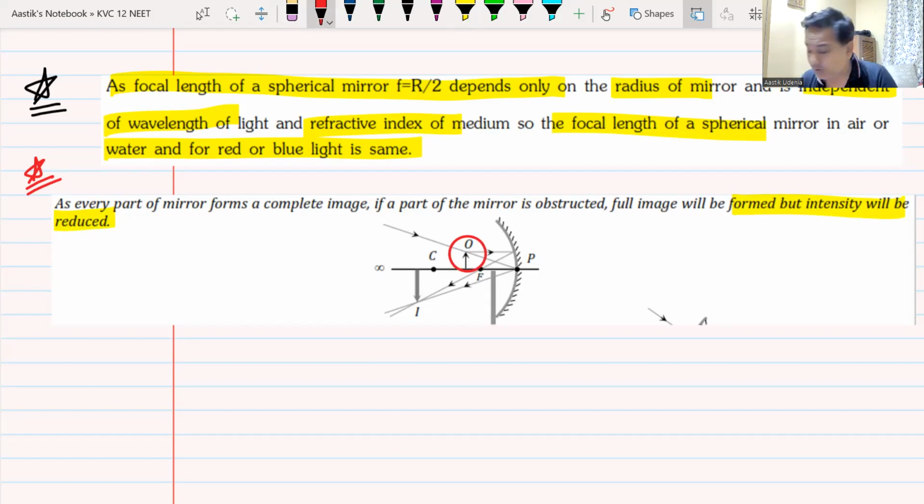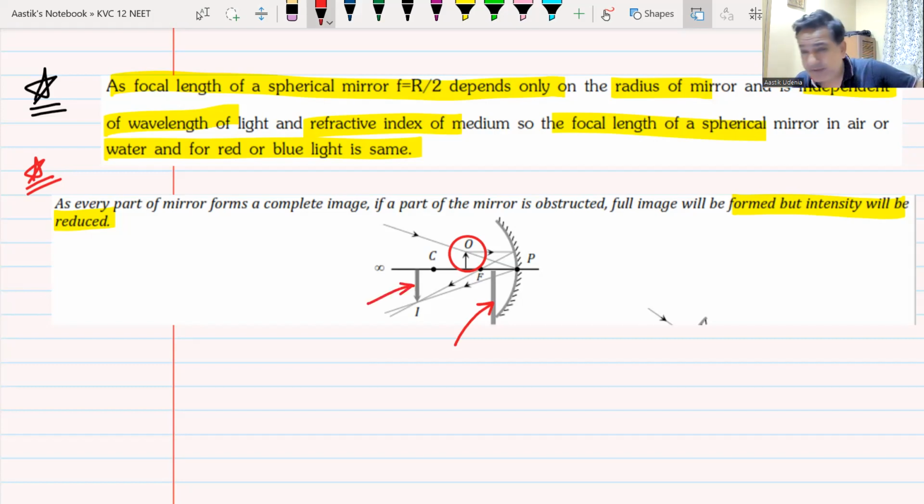This object is placed in front of a mirror, and what we have done is we have blocked this part of the mirror. Do you see this? This part of the mirror has been blocked. But no matter if you block any part of the mirror, you can still see a complete image being formed.